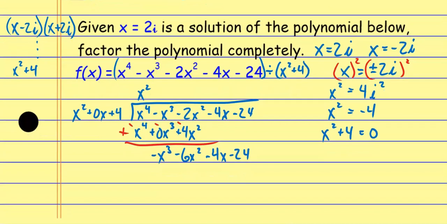And now I say, okay, x squared to become a negative x cubed, I'm going to need a minus x here. And now I multiply. And once again, I'm going to subtract. Again, I like to distribute the subtraction, change it to adding the opposite.